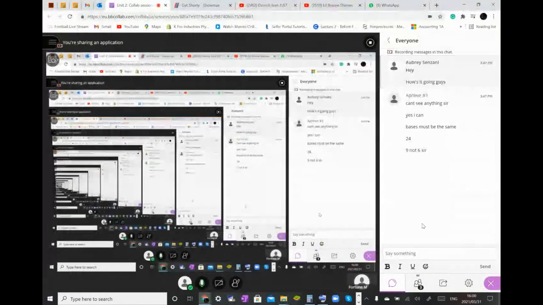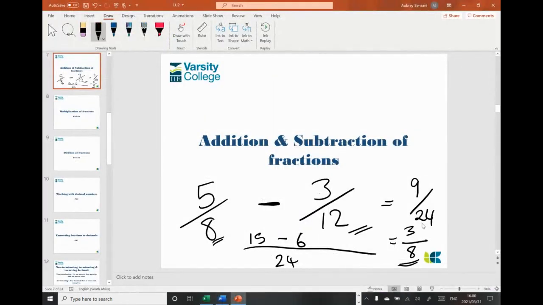I'm not sure if I understand you right. Or do you mean over here, saying that should be 9 and not 6? Because remember, 12 into 24 is 2, so 3 times 2 gets 6.